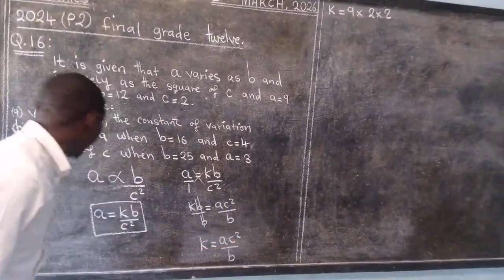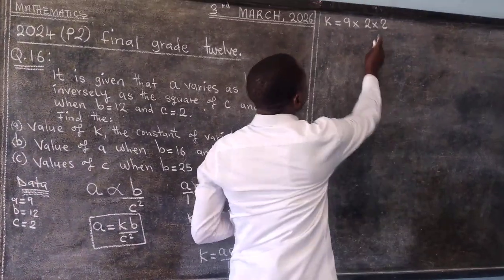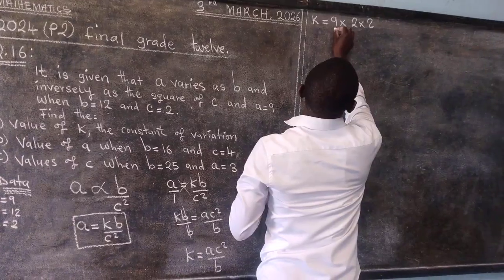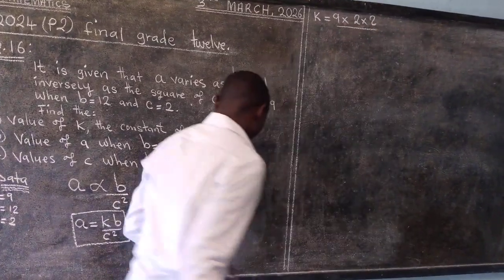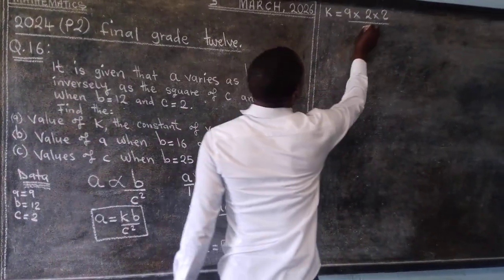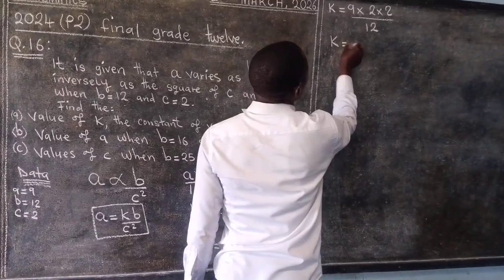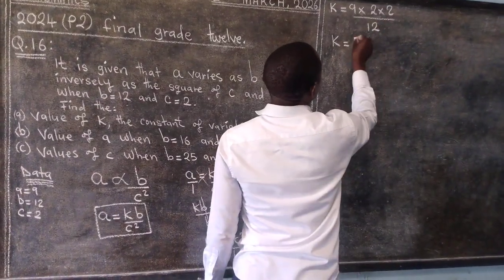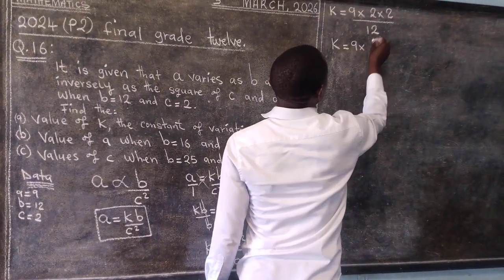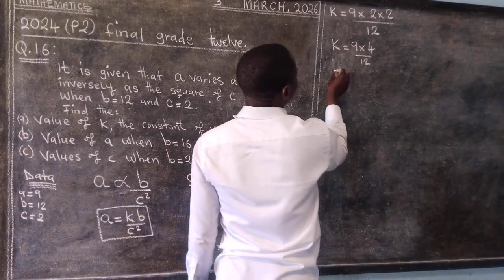So we are going to multiply 2 by 2. Are we together? Yes. Then divided by, what is our B? 12. Constant is equals to 9 times, what is 2 times 2? 4, over 12.